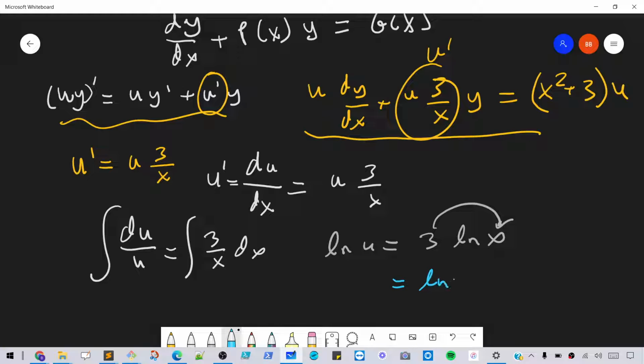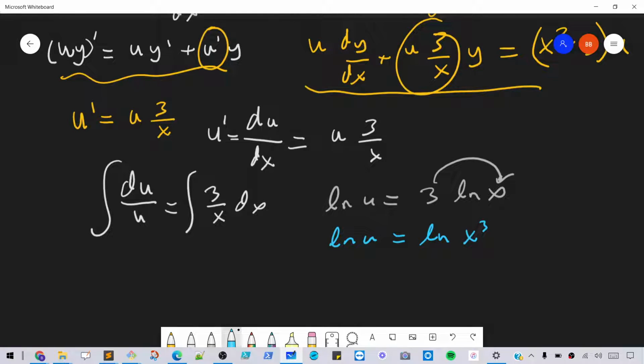So we'll have ln u equals ln x cubed, and then remember this is base e, so we can say u equals e to the ln x cubed, but you can look at it, this just cancels, and so our u is just x cubed.